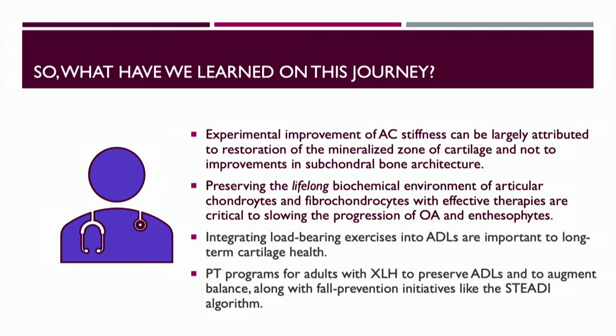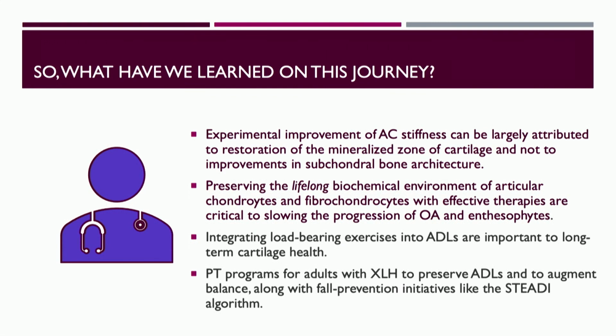So what have we learned on this journey? There is an experimental improvement of articular cartilage that can be largely attributed to the mineralization zone of cartilage and not to subchondral bone. Preserving the lifelong environment of articular chondrocytes and fibrochondrocytes with effective therapies is critical to slowing this progression of OA. Integrating load-bearing exercises into activities of daily living is also important to maintaining cartilage health since they are load-dependent cells.